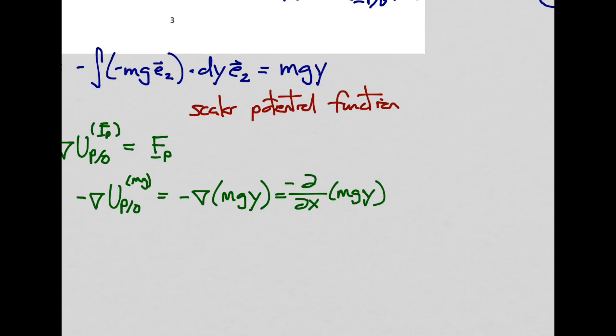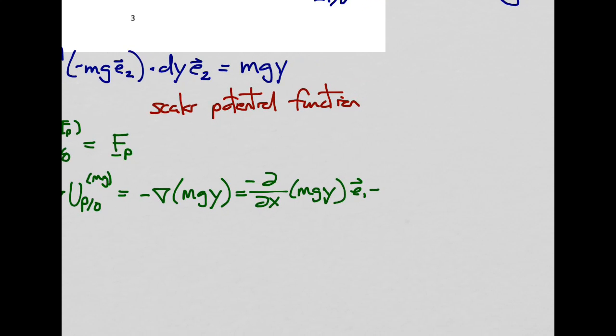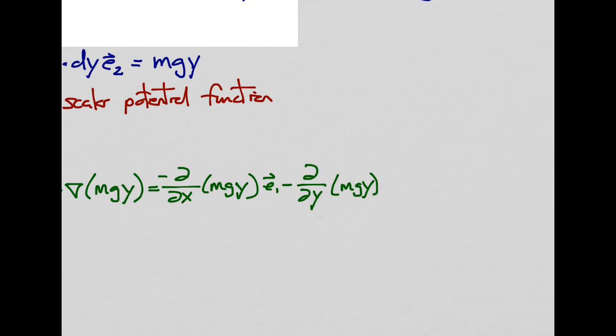Oh, so we're doing negative gradient. So negative partial with respect to x of mgy in the E1 direction minus the partial with respect to y of mgy, so we're simply inserting our potential energy, and then minus the partial with respect to z of mgy in the E3 direction.